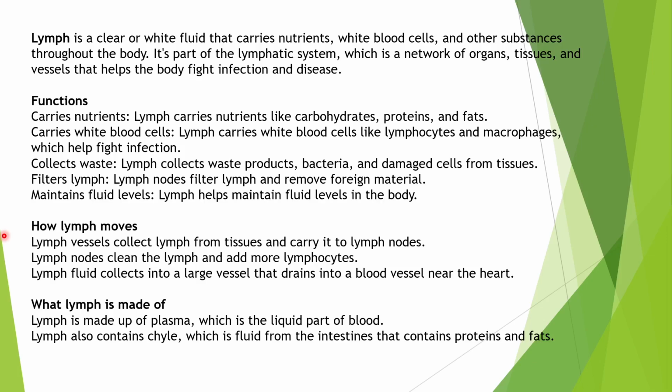Then coming to lymph. Your lymph is the major part of your lymphatic system. This is what runs throughout your lymphatic system. Lymph is a clear or white fluid that carries nutrients, white blood cells, and other substances throughout the body. It's part of the lymphatic system, which is a network of organs, tissues, and vessels that help the body fight infections and diseases.